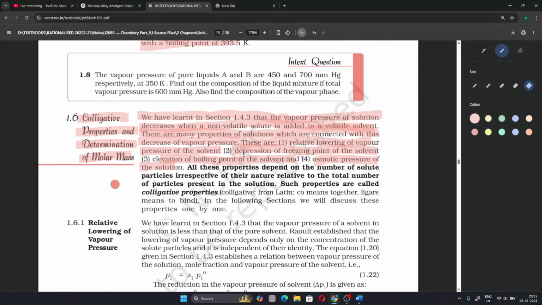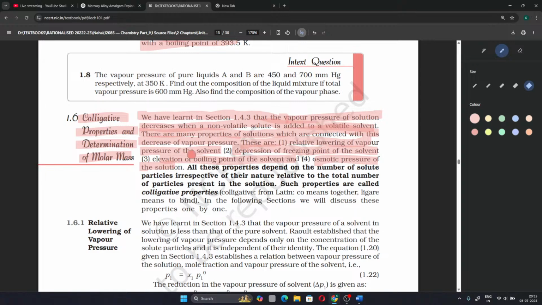And elevation of boiling point of the solvent is due to the vapor pressure decreasing, and the temperature at which vapor pressure reaches 1 atm is the boiling point. So as the vapor pressure decreases, the temperature needed to reach 1 atm increases, so the boiling point increases. Osmotic pressure of the solution is the fourth colligative property.